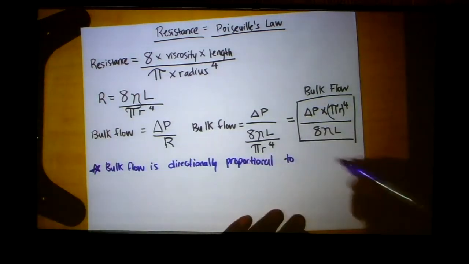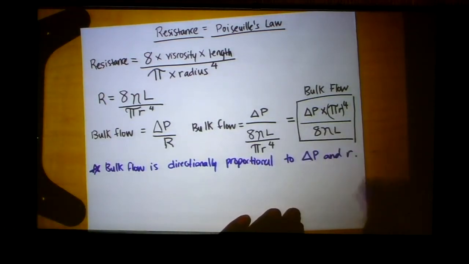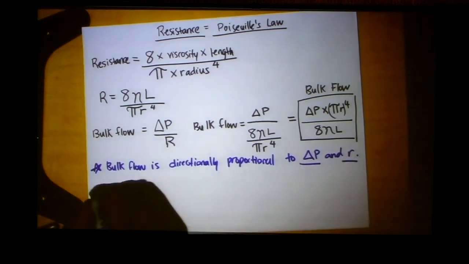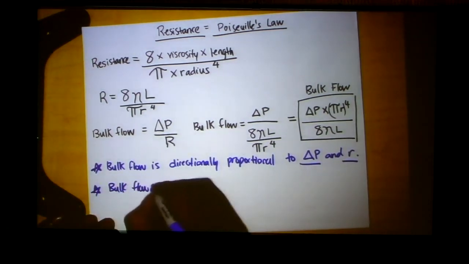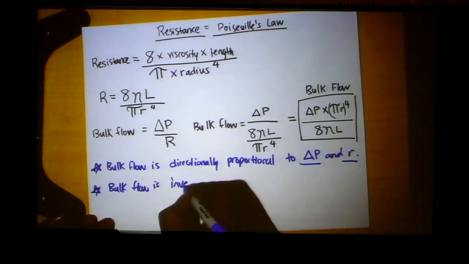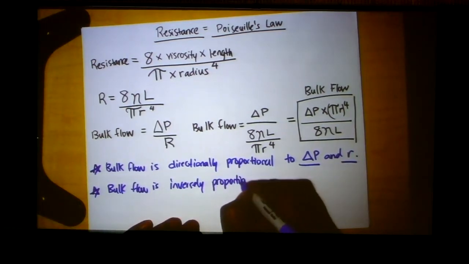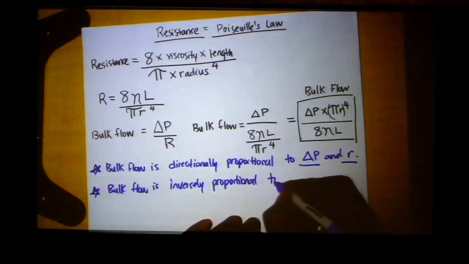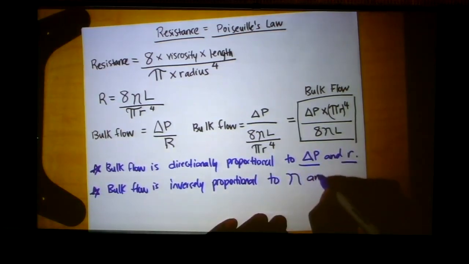So directly proportional to delta P and to our radius. But inversely proportional to eta, which is our viscosity, and length, which is L, okay?